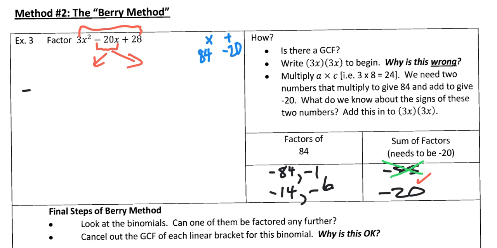We go straight to the factorization part where we have two linear brackets of stuff. And we look at the first term. You notice that our first term has 3x squared. So what we're going to do is we're going to put 3x in the first bracket and 3x in the second bracket. Now, what that tells us, if we took this and multiplied it out, you'd notice that there was an extra multiple of 3 in there. But we got to figure out a way to get rid of that. So we'll do that eventually.